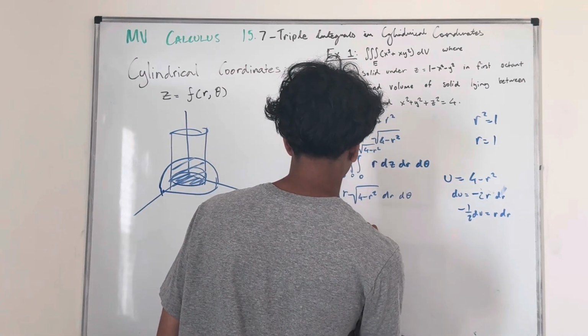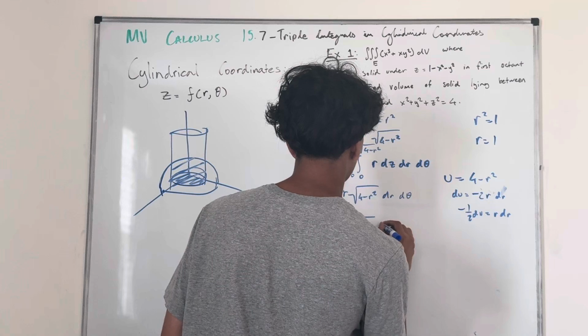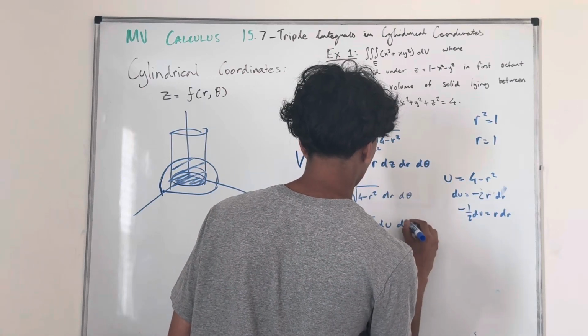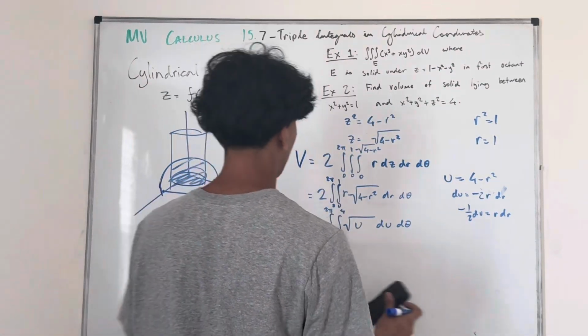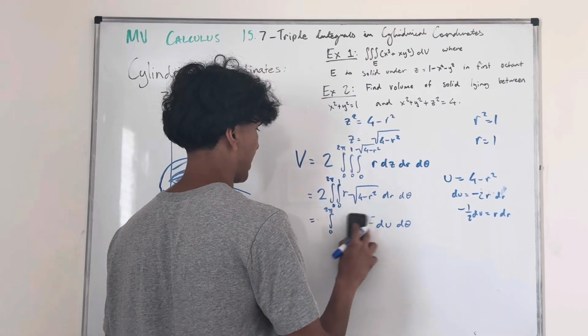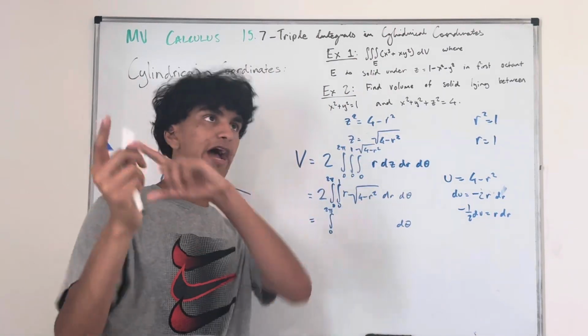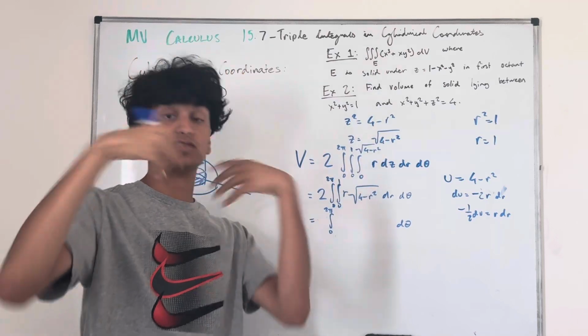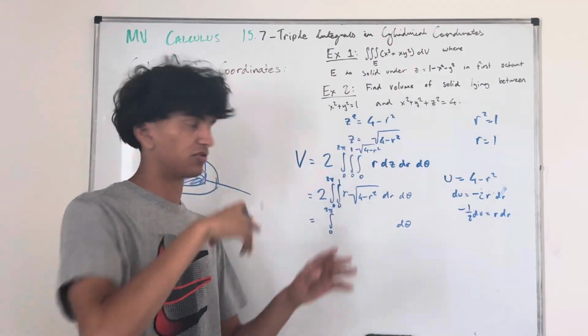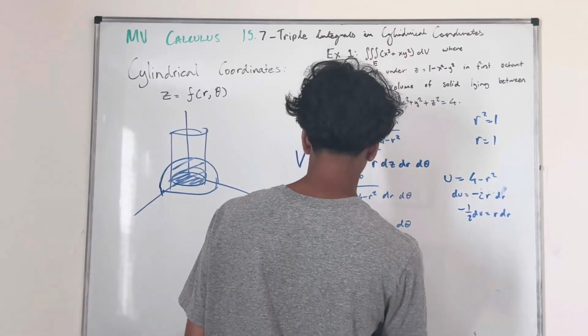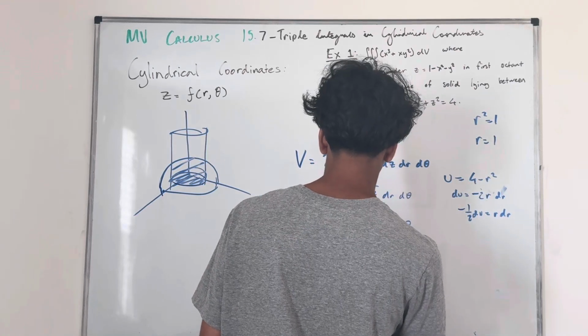So I get the integral of square root of u d theta. This just becomes 2/3 u to the 3/2, because square root of u is just u to the 1/2. So you add 1 to the exponent, which gives us 3/2, put that in front, take the reciprocal, and you get 2/3 u to the 3/2.